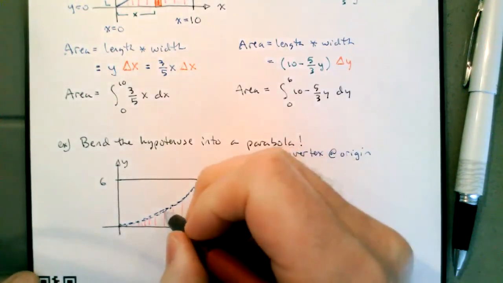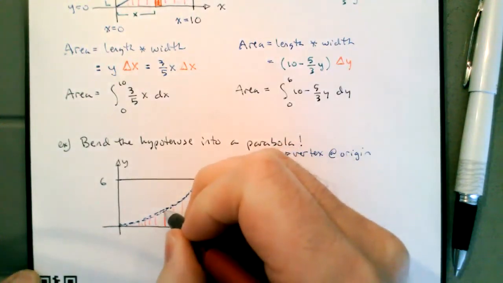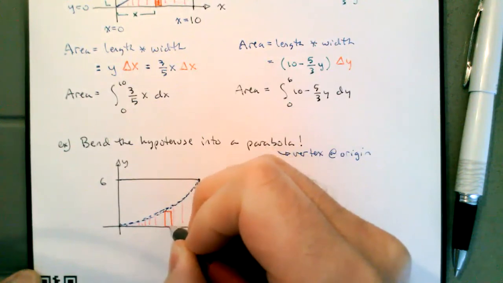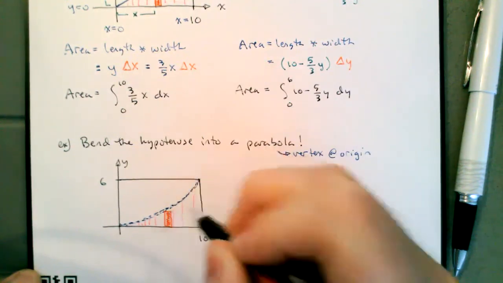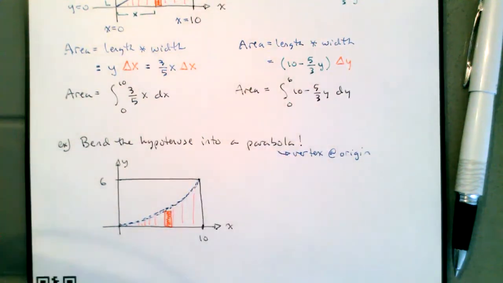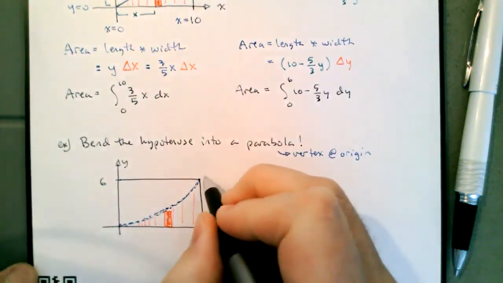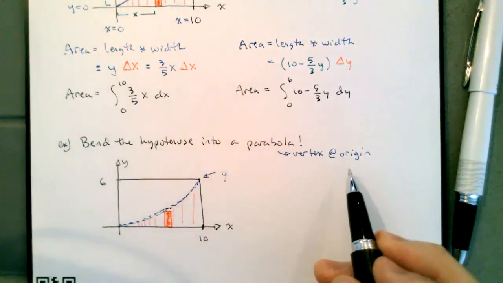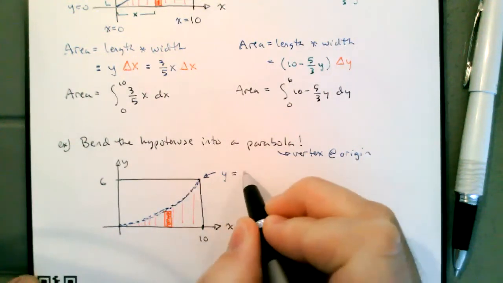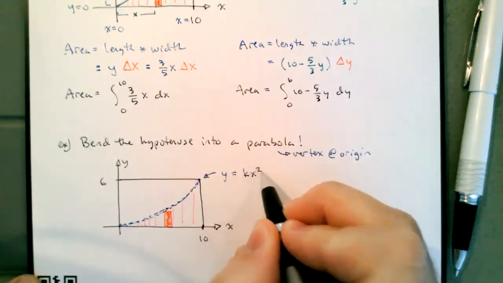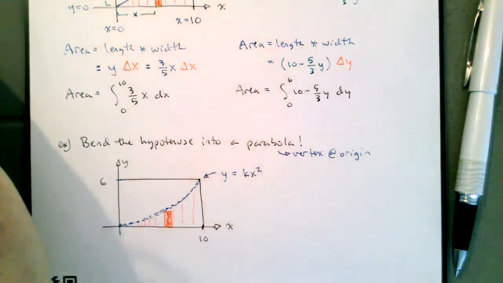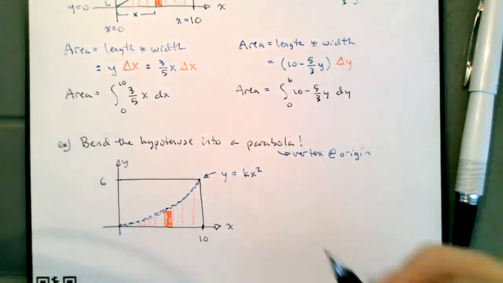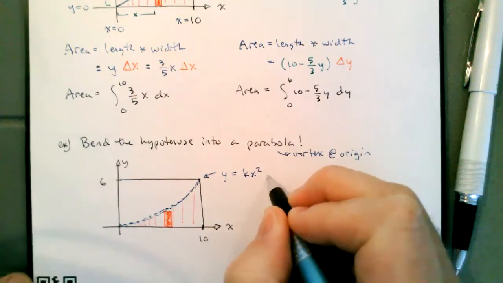So now I'd have to come up with an equation for this parabola. It has a vertex at the origin, so it's going to be y is equal to some constant times x squared to make a parabola. We'll be able to turn this around into an x equals.